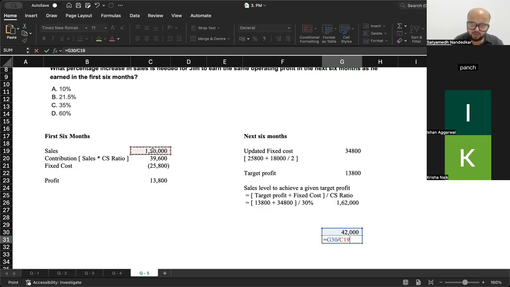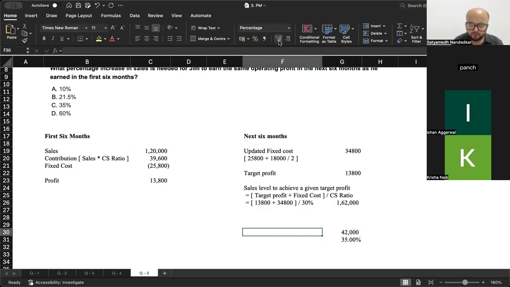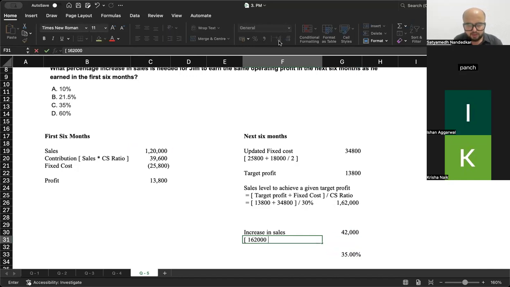Try to express that in percentage terms. 35%. This is the increase in sales. How do you get the increase in sales? 1,62,000 minus 1,20,000. That gives me 35%.